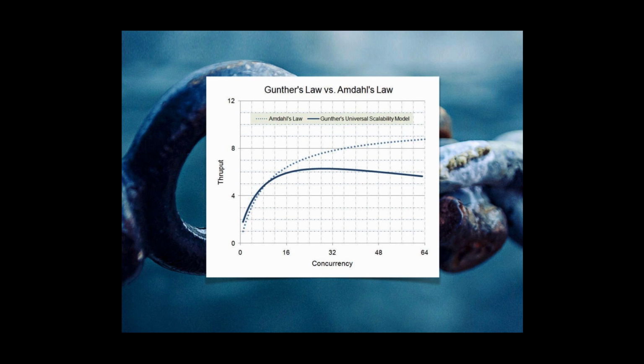That contention can give us diminishing returns, as you can see in this dotted line here. So when we add more cores or more nodes, that's the horizontal axis here, we're not getting a linear payoff. But with more cores, we're getting smaller and smaller returns depending on how many cores or nodes we're adding.